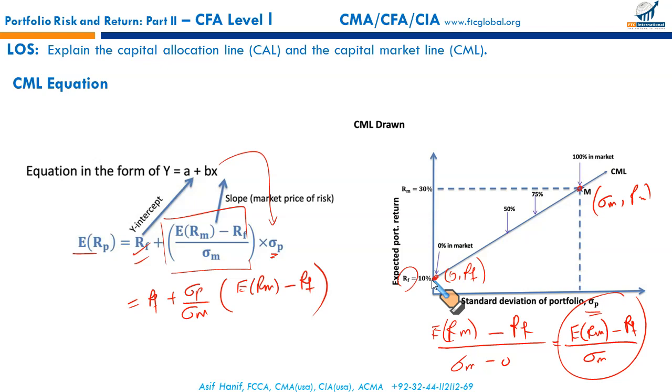Now if we assume that investors can both lend and borrow at the risk-free rate, they can select portfolios to the right of the market portfolio. Like here, the entire investment is in the risk-free asset. Here, 50% in the risk-free asset, 50% in the market asset, 75% in the market, and then 100% in the market.